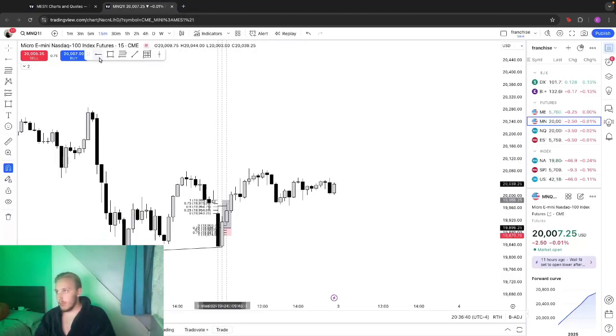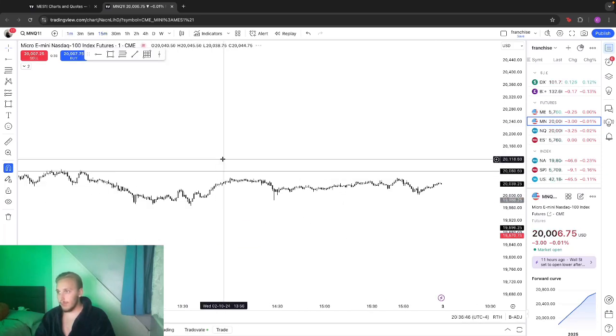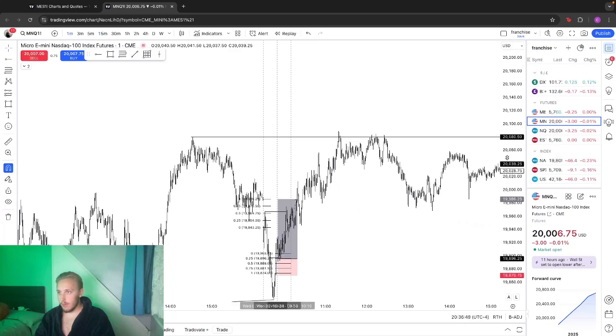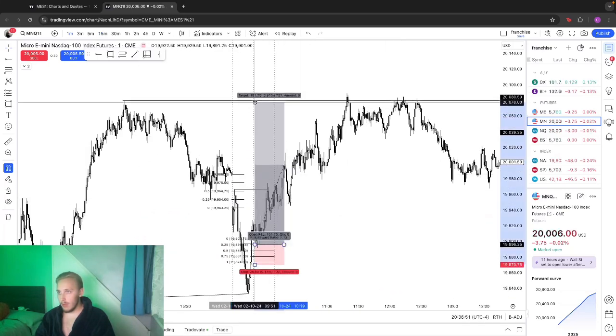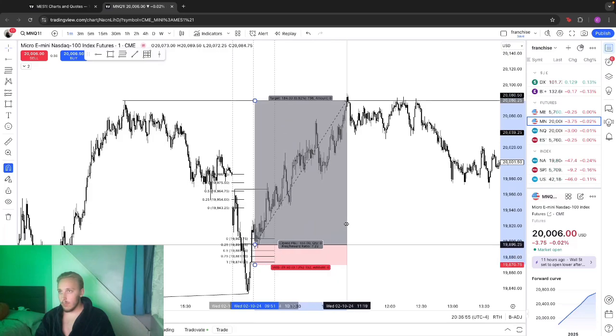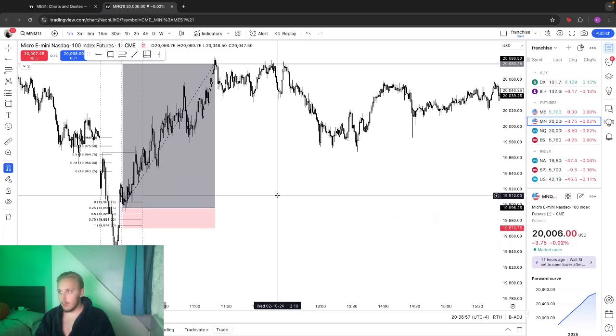However, you could add this buy side liquidity right there, and that would have given you 7R right there.